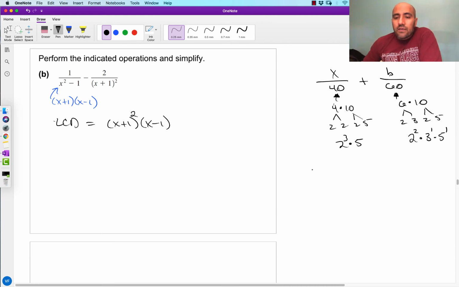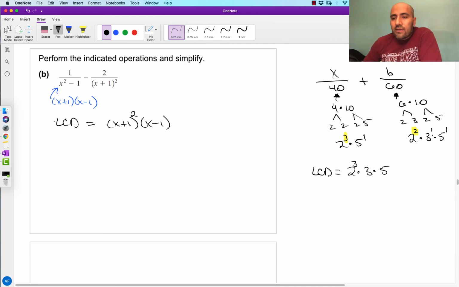So the LCD is going to be to write down the base numbers you see once. So there's a 2, there's a 3, and there's a 5 somewhere. And now you go back and you write down the biggest exponent that appears for any one of these. So for the 2, we have a 3 there, and we have a 2 there, so we use a 3.